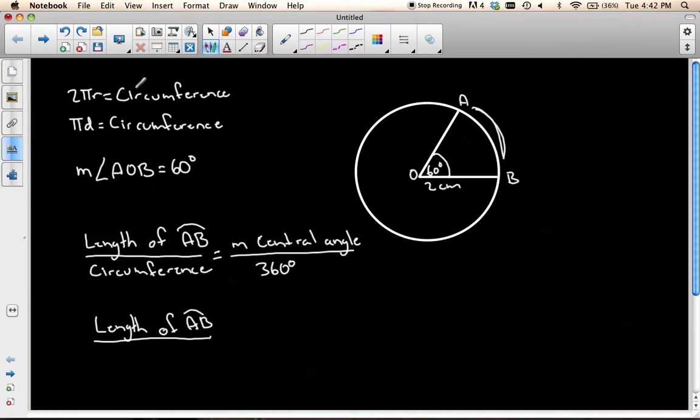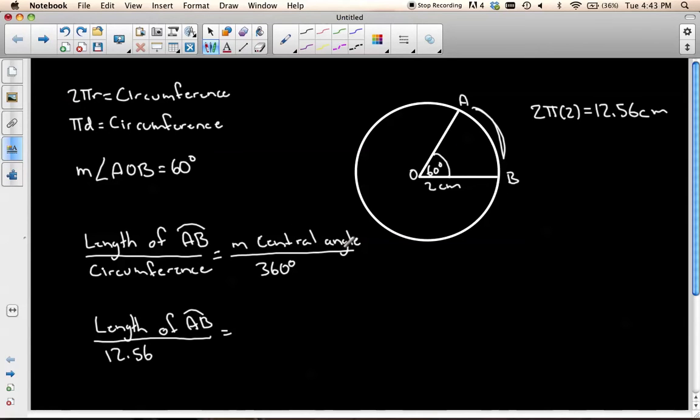So if we use our circumference formula, 2 times pi times the radius, which in this case is 2, we know that our circumference is 12.56. So the perimeter of this whole circle, its circumference, is 12.56 centimeters.